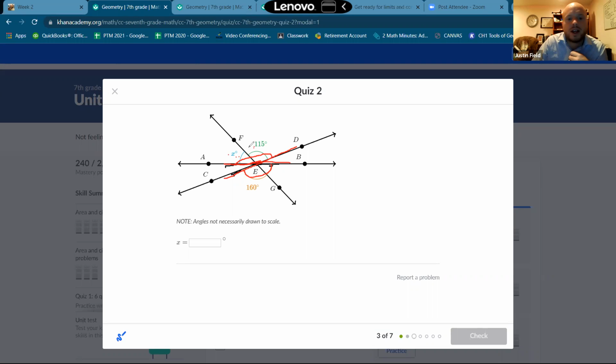So these two together add to 160, although that's probably not the easiest to see. If you can see it, they're the opposite side of the x. So we can set up this equation and then solve that. And that will be our answer.